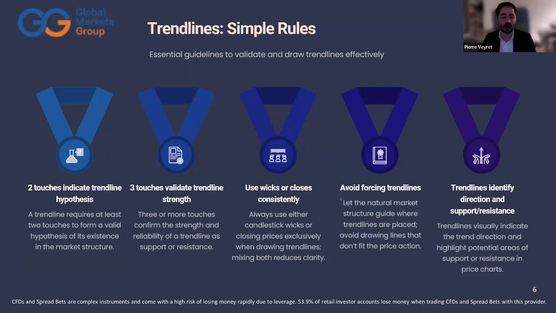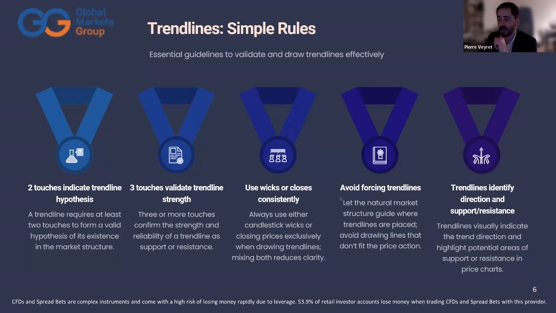Some others are less cautious, or have more risk appetite, and 2 touches are enough for them. So I'm going to let you define your investor profile and choose the one you prefer for yourself. But you need 2 touches at the very least, and 3 for confirmation or a stronger validation.